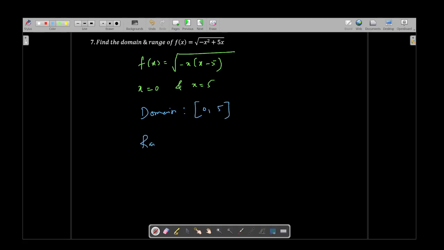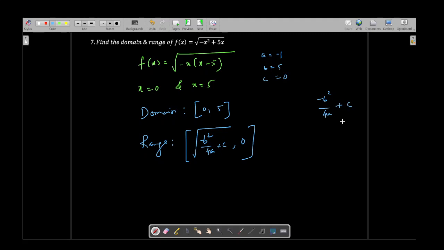Range, since it is looking down, the range is square root of minus b square by 4a plus c comma 0. Here a is -1, b is 5, and c is 0. So let us find minus b square by 4a plus c: minus 5 square divided by 4 into -1, plus c is 0.